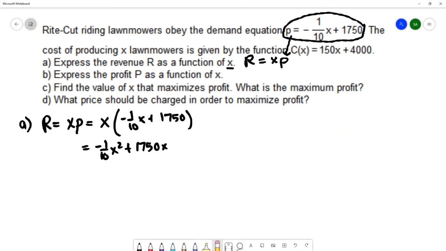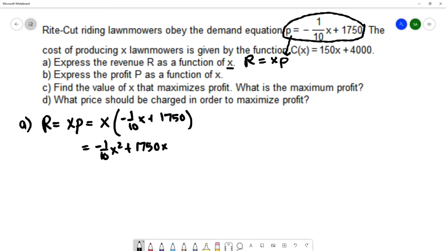And in part B, it says express the profit P as a function of X. Now this might be a little bit confusing because we're using P for price and P for profit, but we use the lowercase p for price and the uppercase P for profit.